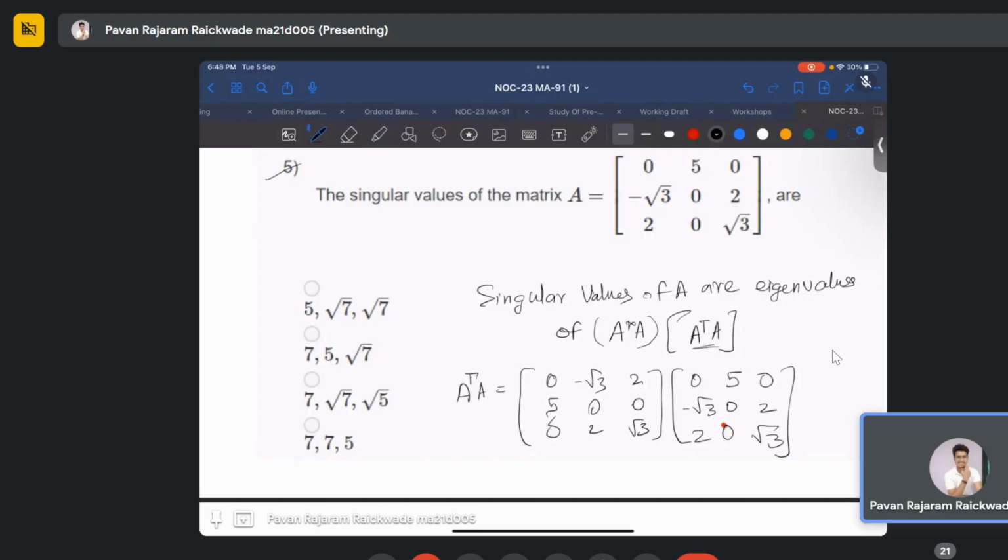Because I am also attempting the question just now. Does anyone know any other smarter way? Because this kind of question won't be there in exams like CSIR. But does anyone know any smarter way to find singular values of such a matrix?